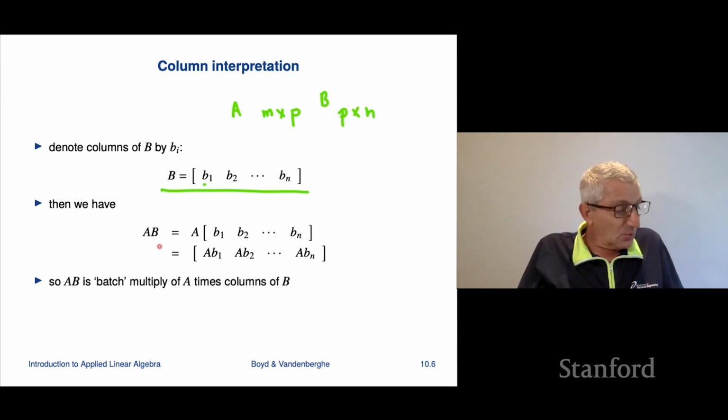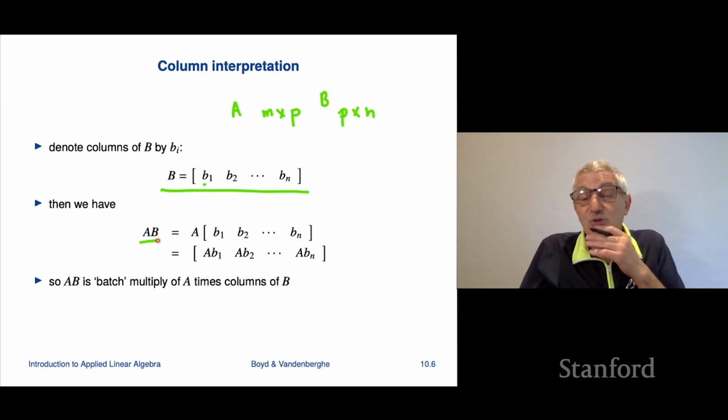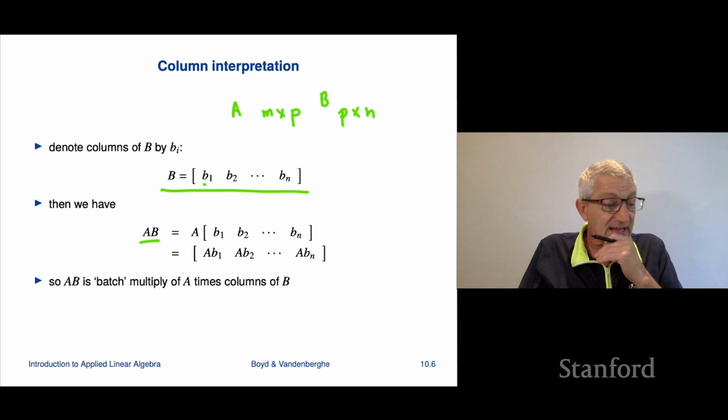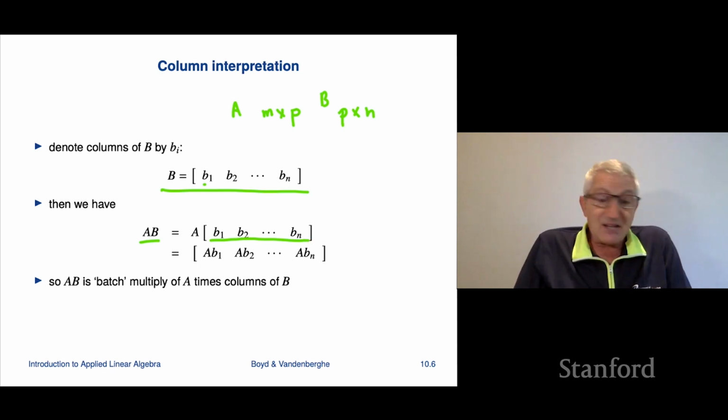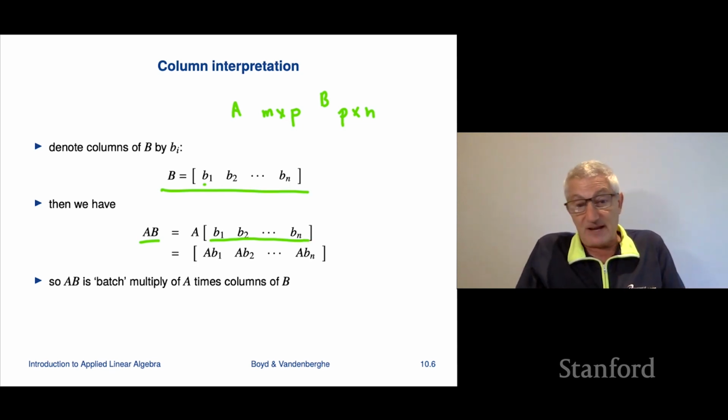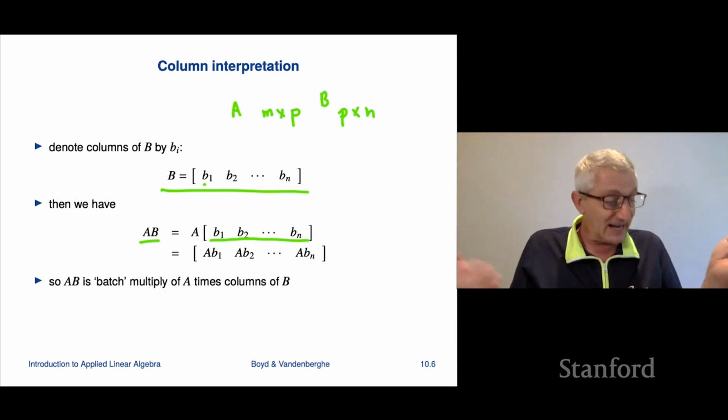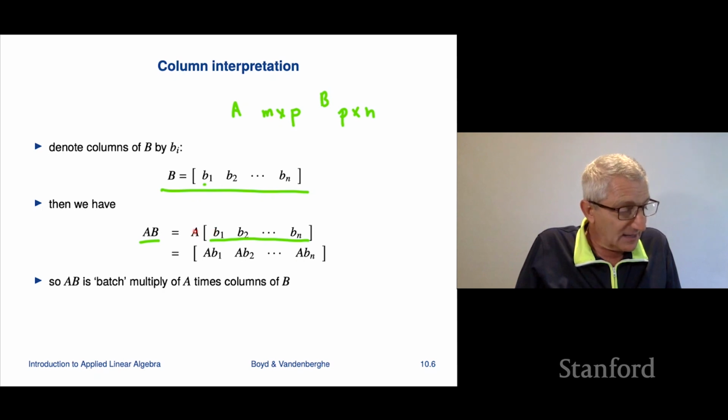And if I work out what AB is, actually I can do this by block matrix multiplication. So I simply write B as a block matrix where the blocks are the columns. And then I just multiply out as if these were numbers, being very careful with the order. And I get AB1 and then AB2, and each of these is a column.